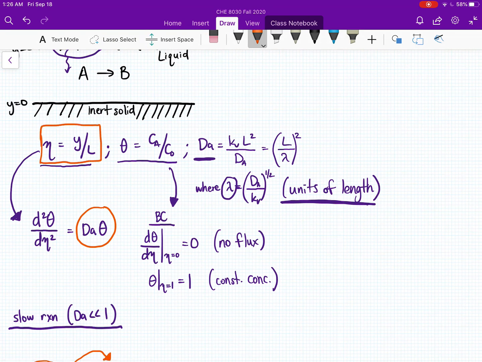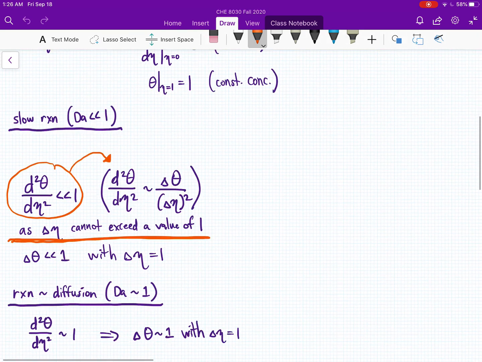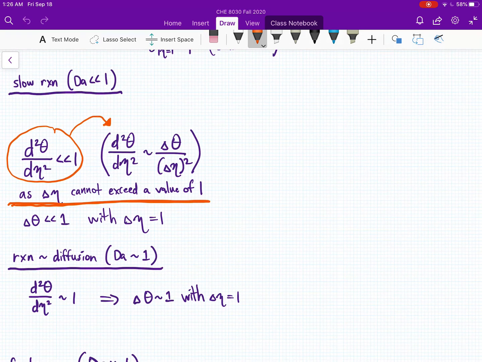Y goes from 0 to L, and so there is no way that any delta eta can do anything but exist between that range of 0 to 1. So it cannot exceed a value of 1. So for this particular inequality to be true, we know that the delta theta must be much, much less than 1, with delta eta being equal to 1.